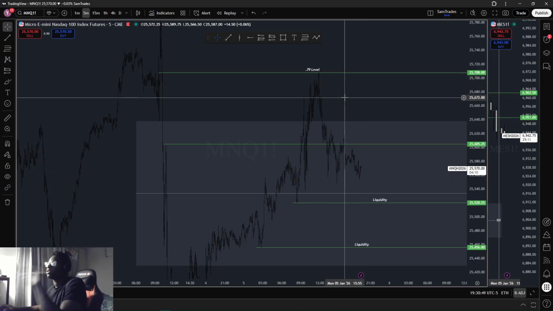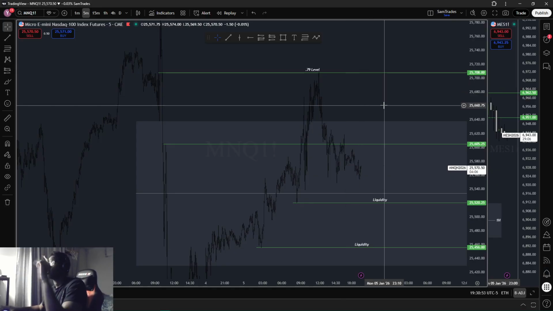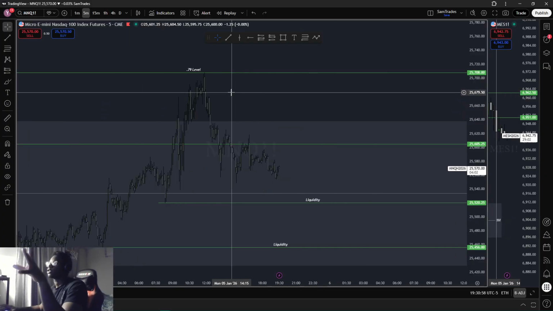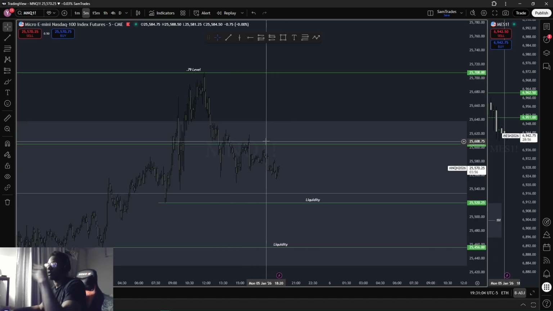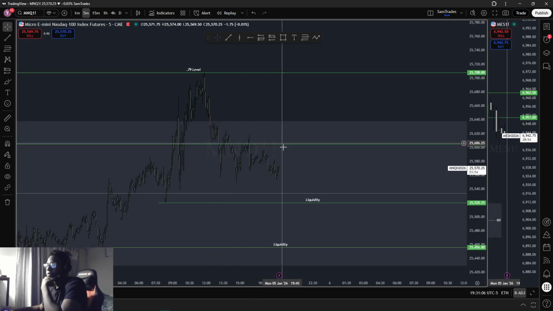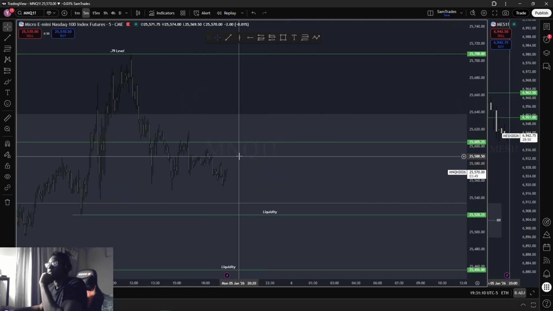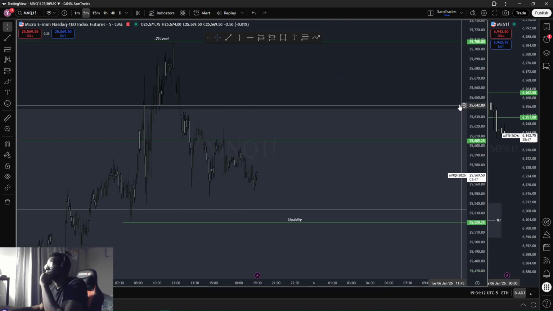So I think what I should start doing is, when I have a bias and it doesn't go out the way I wrote it down, the way I expected it, I'm just gonna clear my chart and restart again, because that will clear everything and not try to force something that isn't there anymore. That's what I learned today, and that's how I'm gonna trade because I must get better.